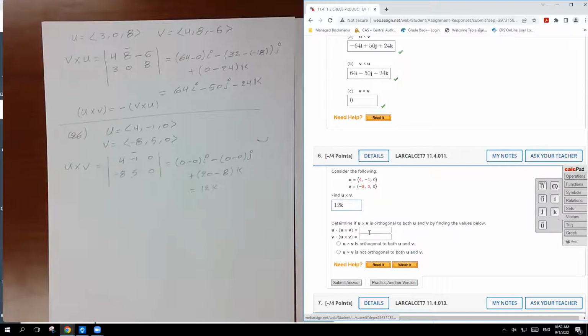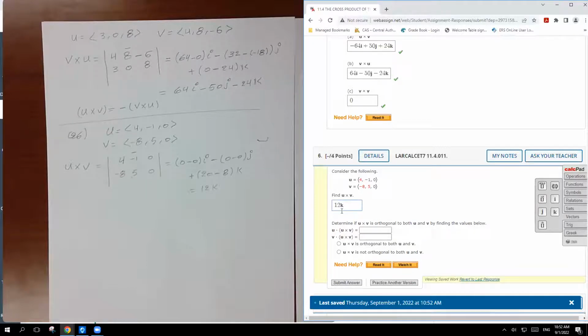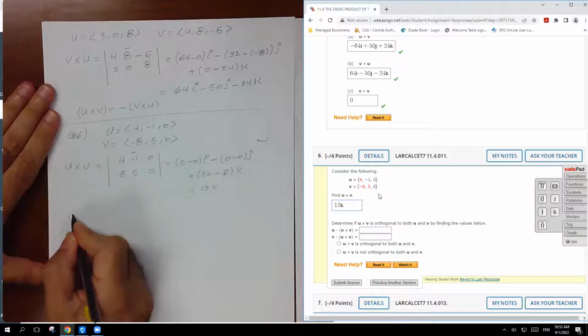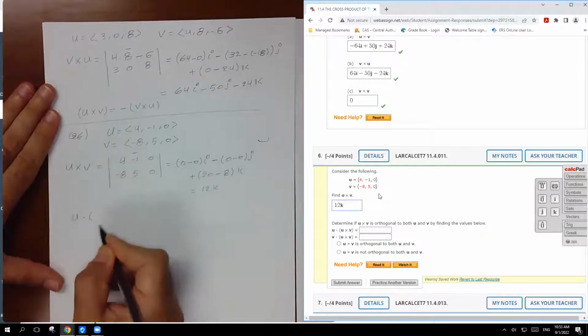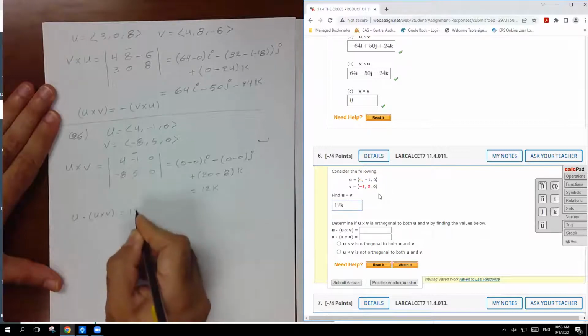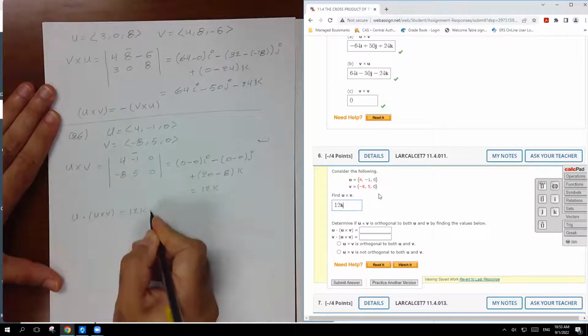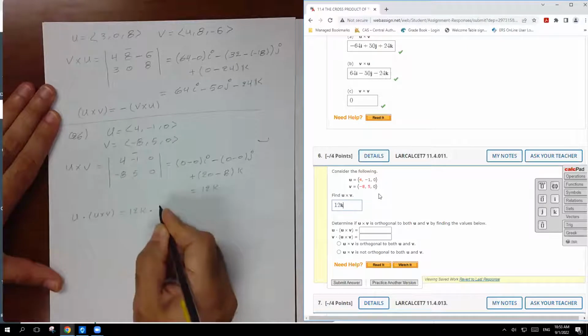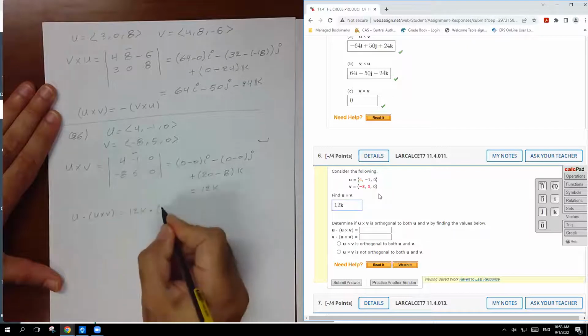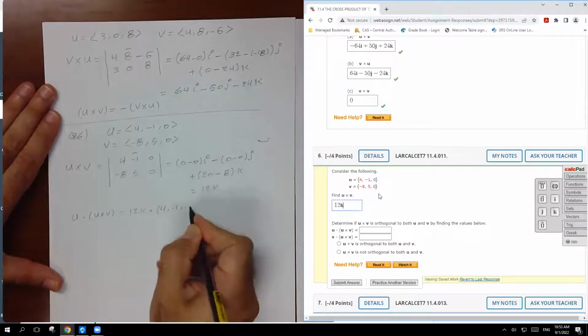Then the next one, we need to prove that if you do the dot product between u and the cross product, the result is supposed to be 0. Let's check that. Let's do the dot product between u and u cross v.